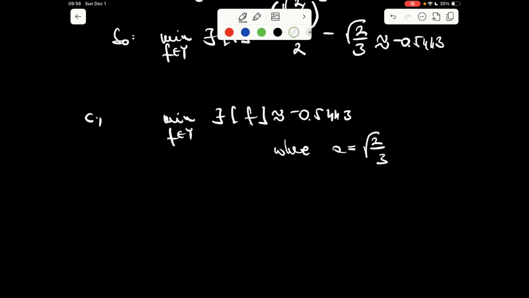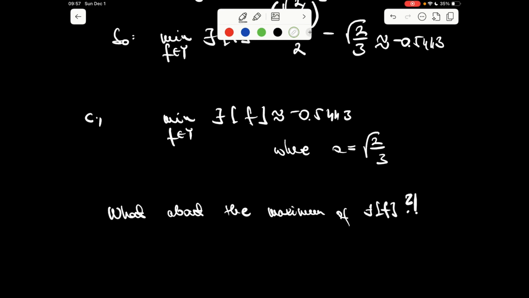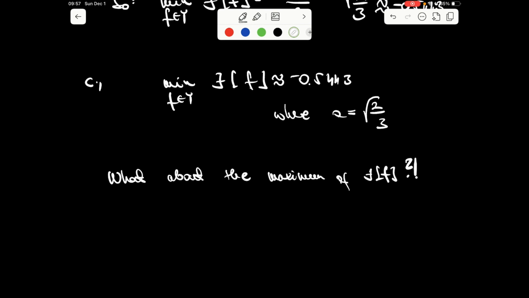Okay, but what about the maximum of the functional? Also due to the Weierstrass theorem, the maximum must be at one of the endpoints of the relevant interval of a.